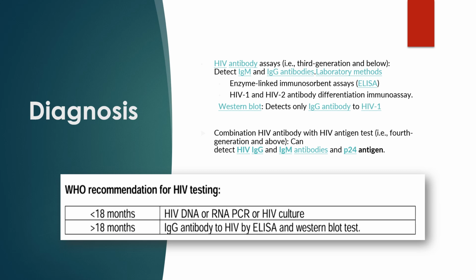The WHO recommendation for HIV testing is: if the patient is less than 18 months, then HIV DNA or RNA PCR or HIV culture, and if the patient is more than 18 months, then IgG antibody to HIV by ELISA and the Western blot test.